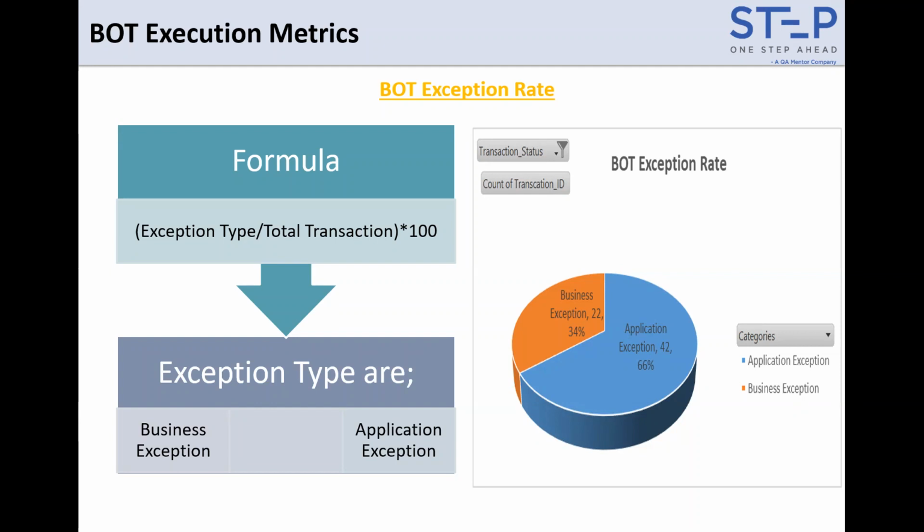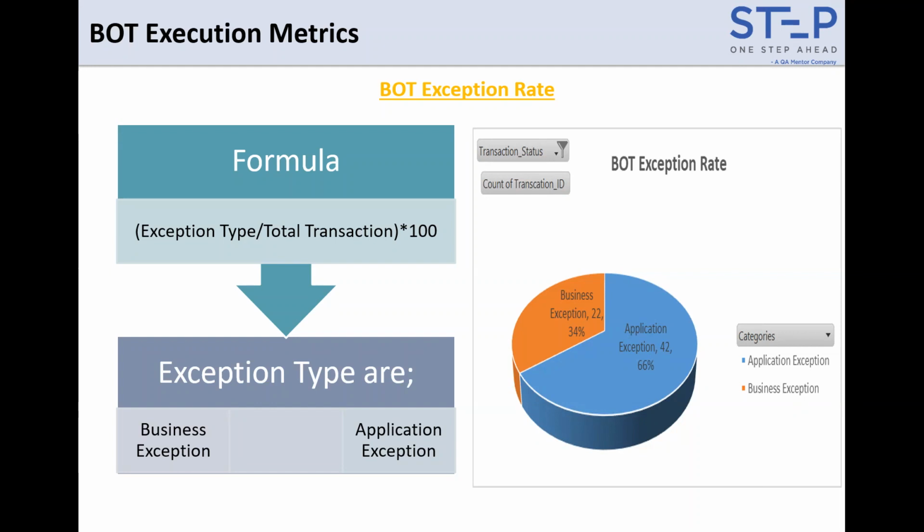If your bot is failing with a business exception or application exception, then it's not a fault of the RPA team. If it's an application exception, the application is maintained by the application team. They're not doing proper maintenance, or whatever maintenance they do is not aligned with the RPA team.